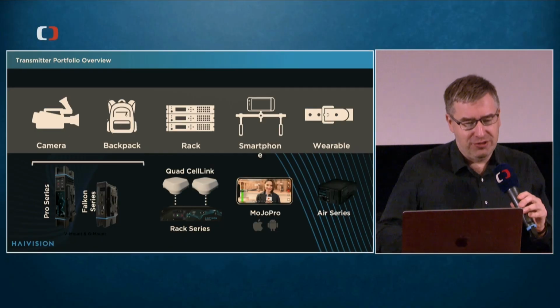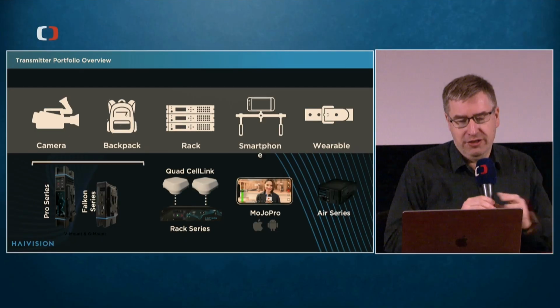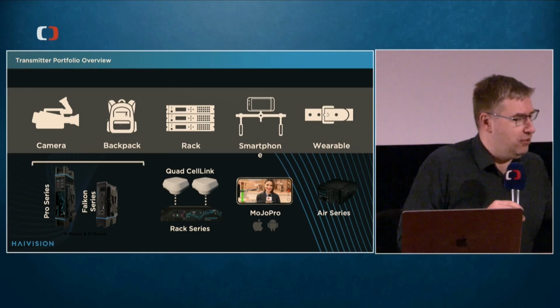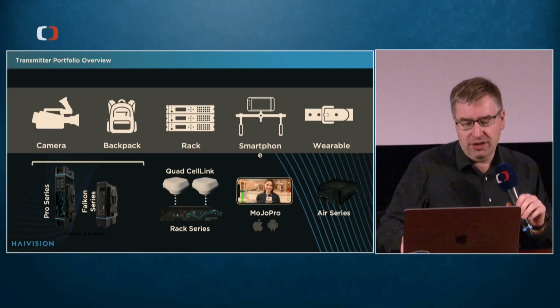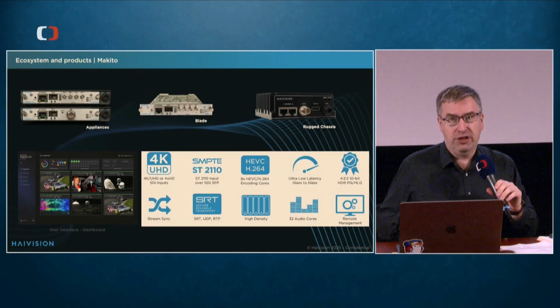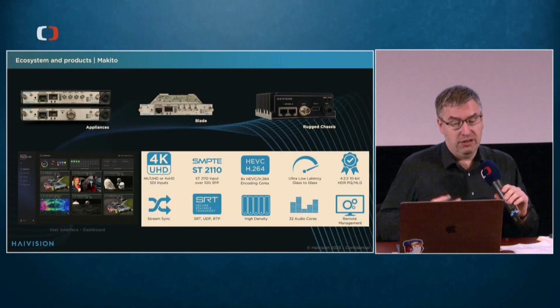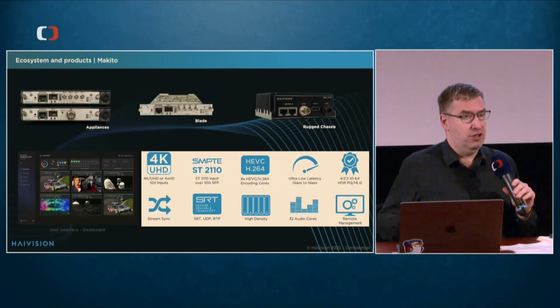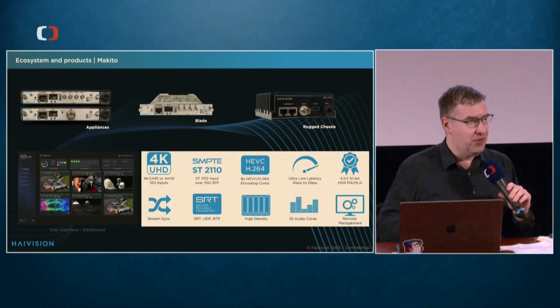Just some examples of our transmitters. I also have a few transmitters here. And then this is more on the Makito side. Makitos are hardware-based encoders and decoders, usually used as contribution links.